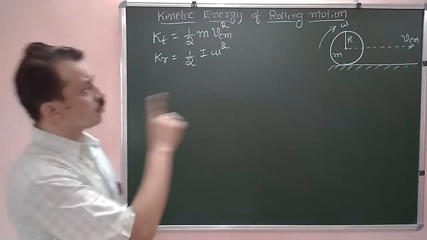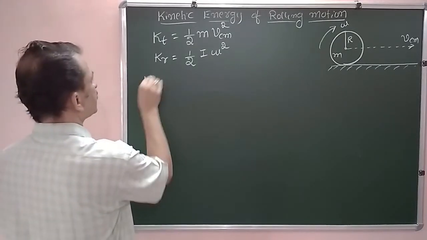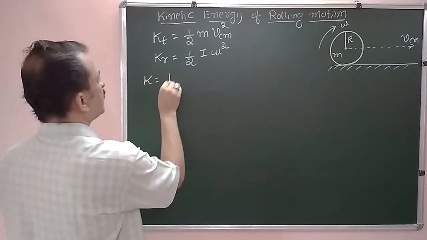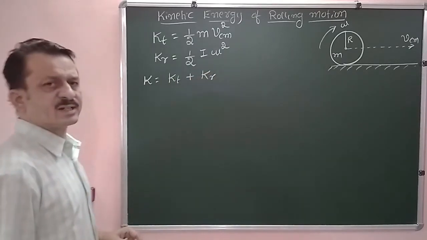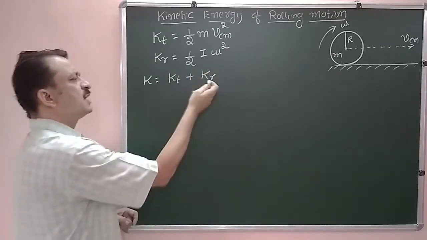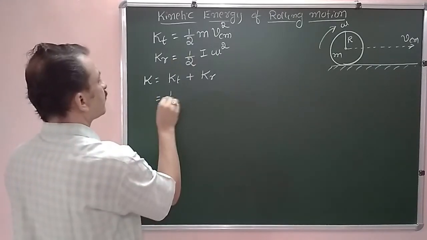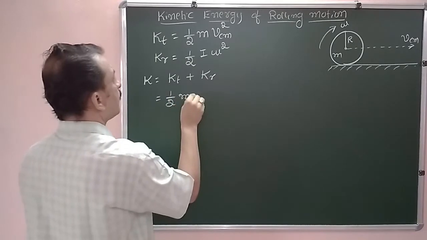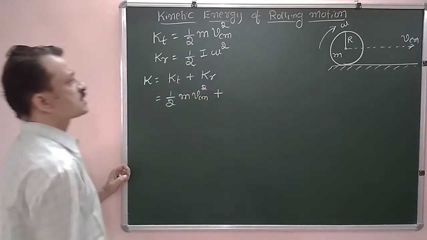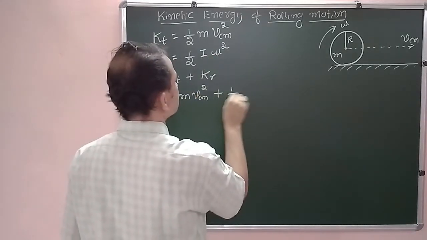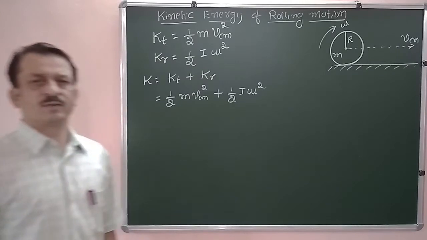Then in the case of rolling motion, what is the total kinetic energy? The total kinetic energy is the sum of the translational as well as rotational kinetic energy. Now substitute them. Therefore we have half m VCM square plus rotational kinetic energy, half I omega square.